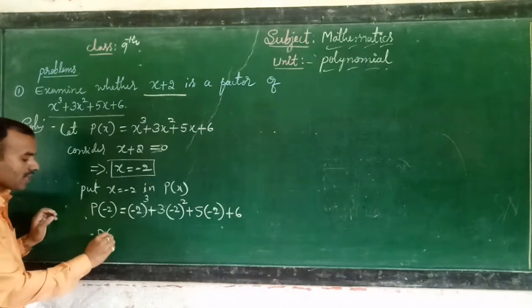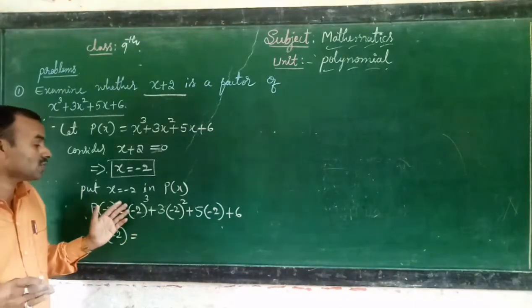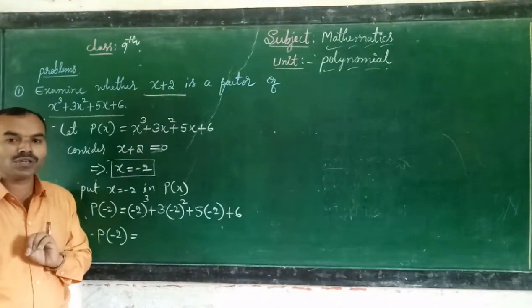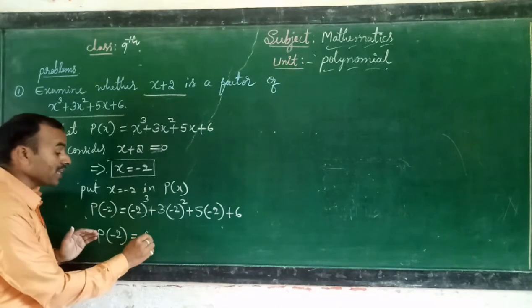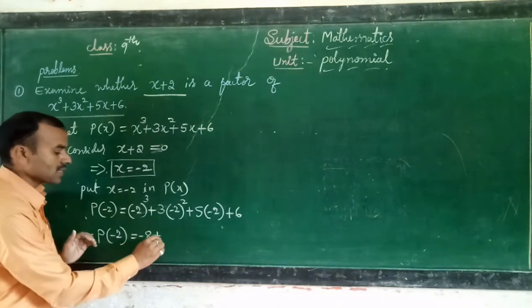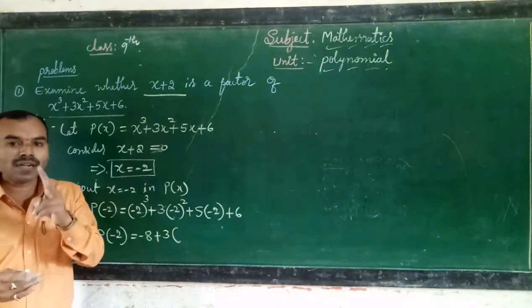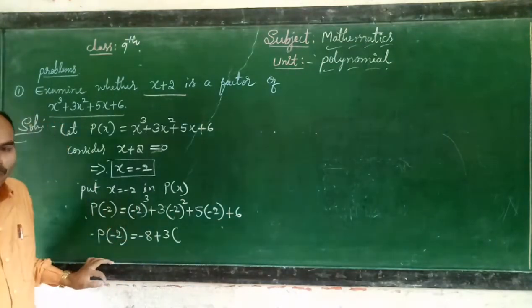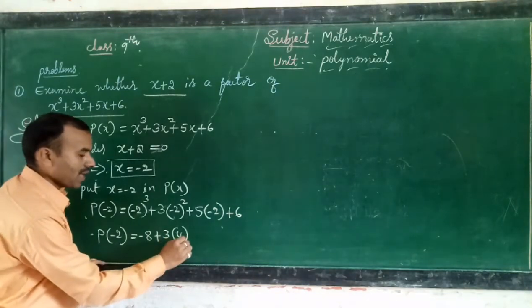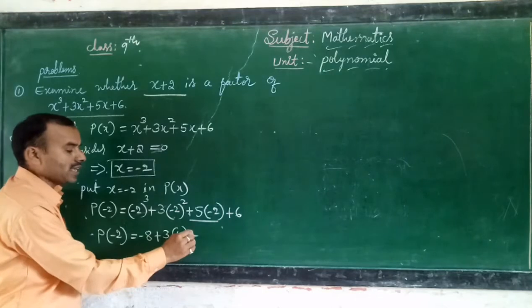P of minus 2 equals minus 2 whole cube, that is minus 2 into minus 2 into minus 2, the product is minus 8, plus 3 into minus 2 whole square, means minus 2 into minus 2, that is 4, plus 5 into minus 2, minus 10, plus 6.